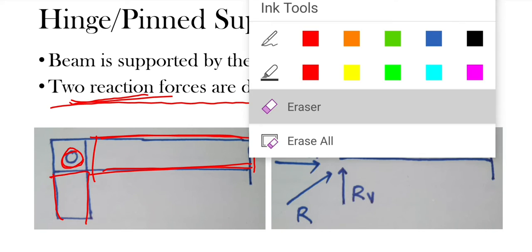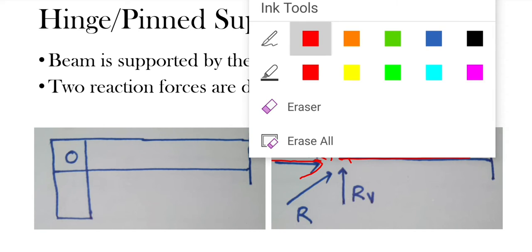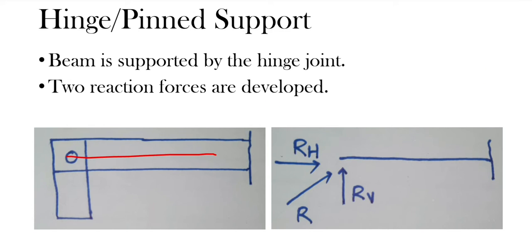It gives two reaction forces. One reaction force is in the same horizontal direction as the beam. If this is the beam, then the reaction force will be in this direction. Let's call it RH. The other reaction force is developed perpendicular to the beam.